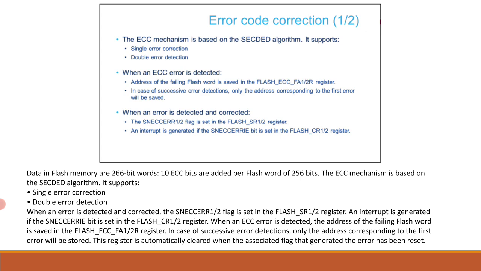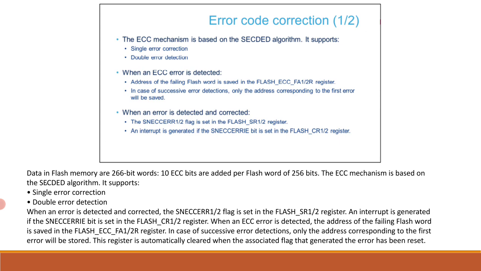When an ECC error is detected, the address of the failing flash word is saved in the FLASH_ECC_FA1R or 2R register. In case of successive error detections, only the address corresponding to the first error will be stored. The register is automatically cleared when the associated flag that generates the error has been cleared.